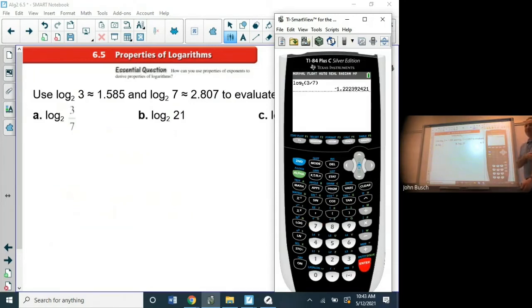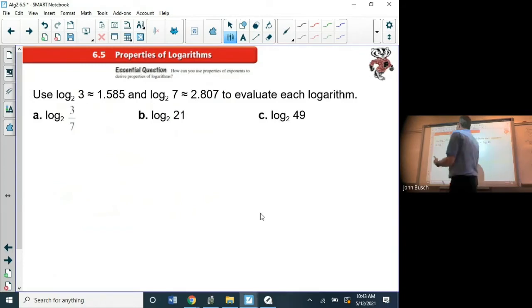But that's not what's important here. What you should be practicing, so you're ready for the test, is how to rewrite this in terms of log base 2 of 3 and log base 2 of 7. Like, how would you rewrite this? It's a quotient, division. So we can write this as the difference of 2 logs.